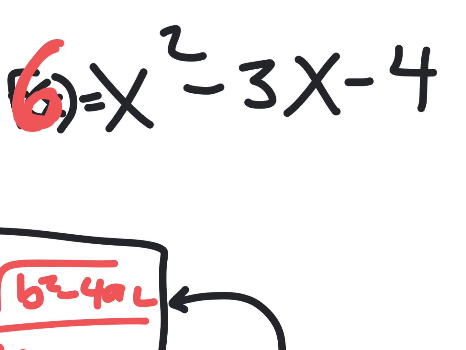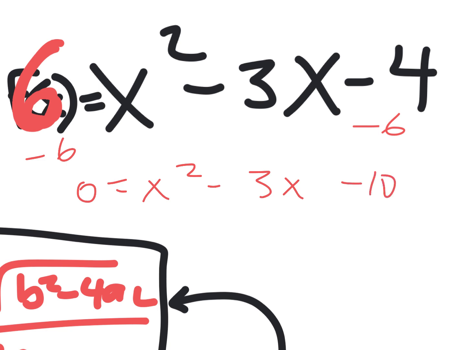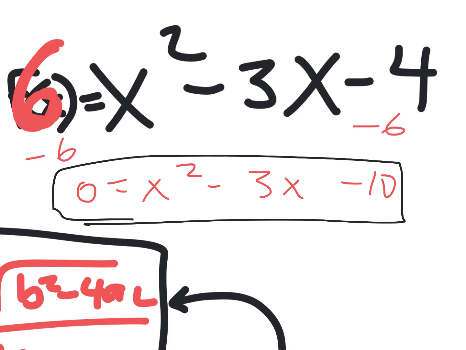Hint, you don't know until you move the 6 over. If I want the height to be 6, I put the 6 there. But I got to subtract 6 from both sides. And then I'd have 0 equals x squared minus 3x minus 10. Do you get that now I have a quadratic that I can use the quadratic formula on to tell when the ball got there?